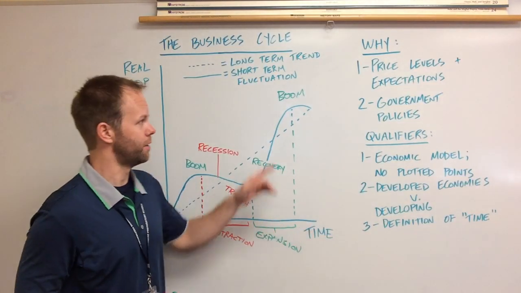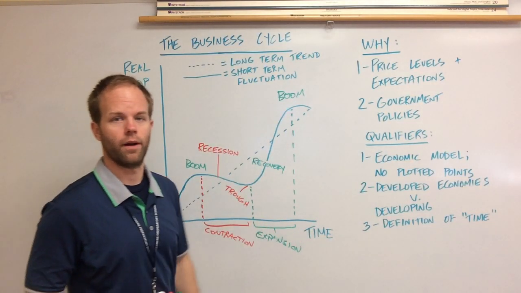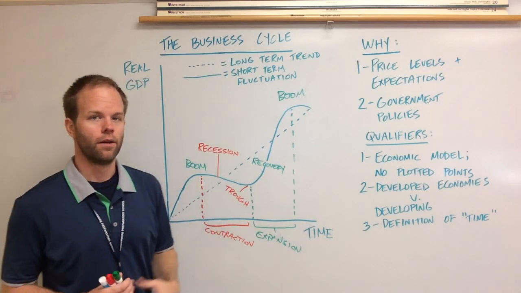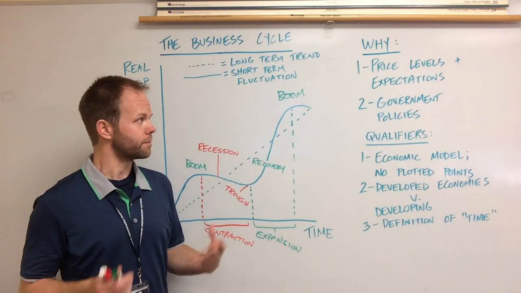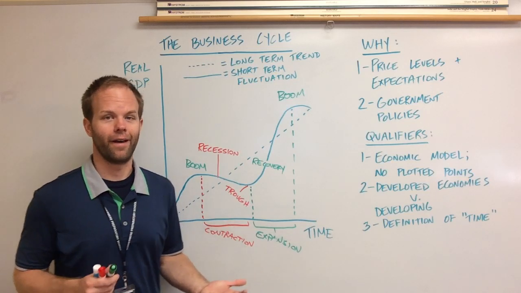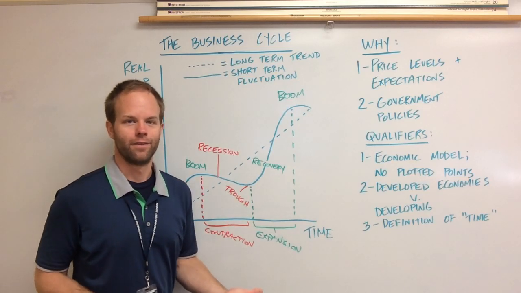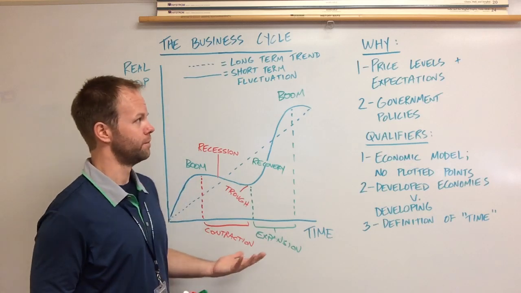Expectations are a thing as well. Typically when we have boom periods, if you think about like the 1920s, people might not say it publicly, but they kind of know that the party can't last forever, and something bad's going to happen soon.